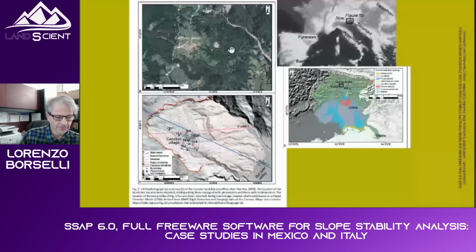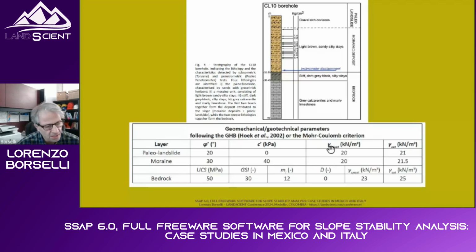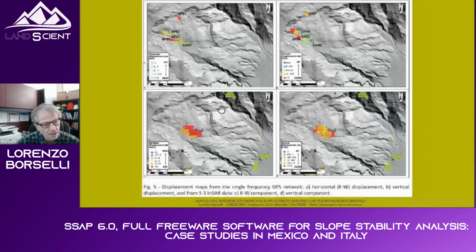But now the process is that the moraine deposits are a slow moving area. In the paper we have several parameters detected, but one of the most important is the analysis made in this urbanized area in the village with the GPS and InSAR, differential InSAR.